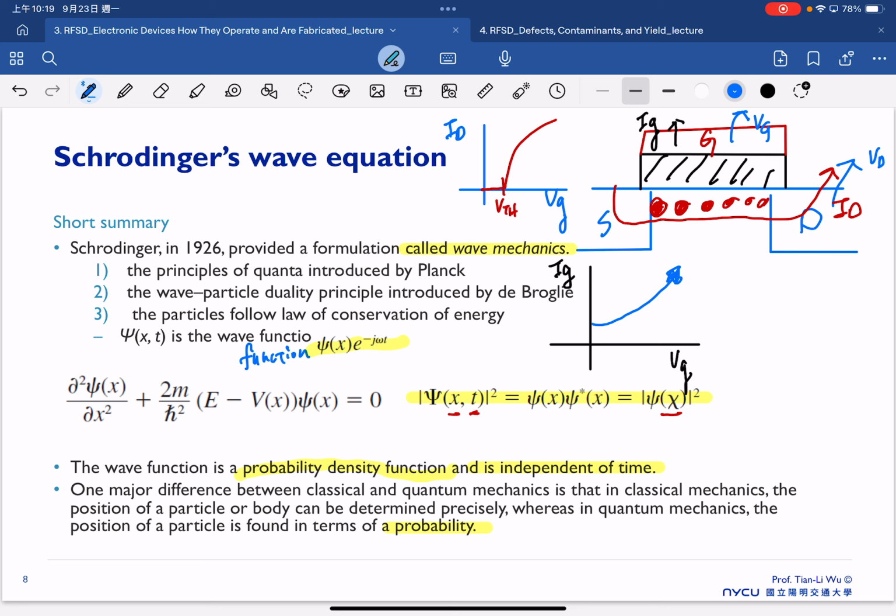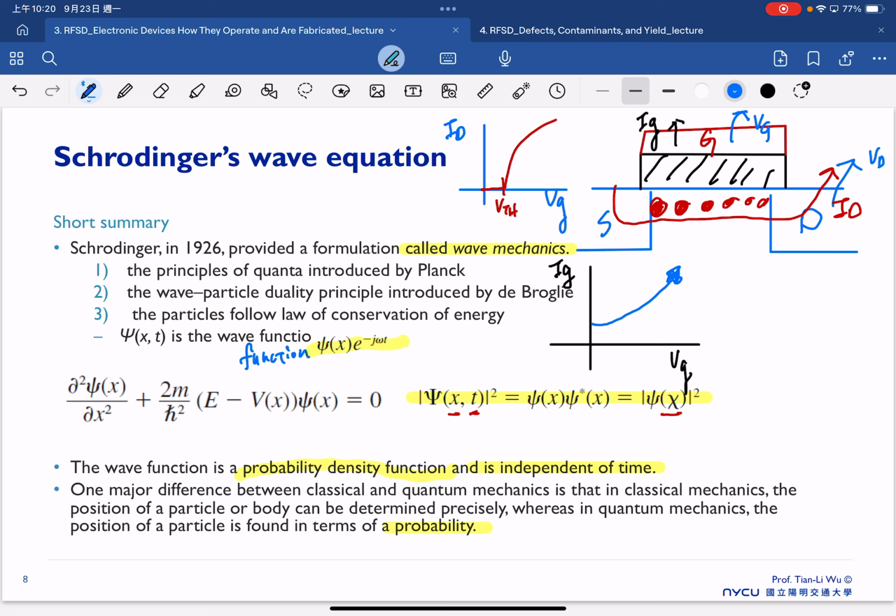This phenomenon starts to trouble us, because it cannot be explained by classical physics. But luckily, we have quantum physics. Quantum physics tells us you have the carrier here, you have the potential well here, but it is possible for this carrier to tunnel to the other side and then become the leakage current.